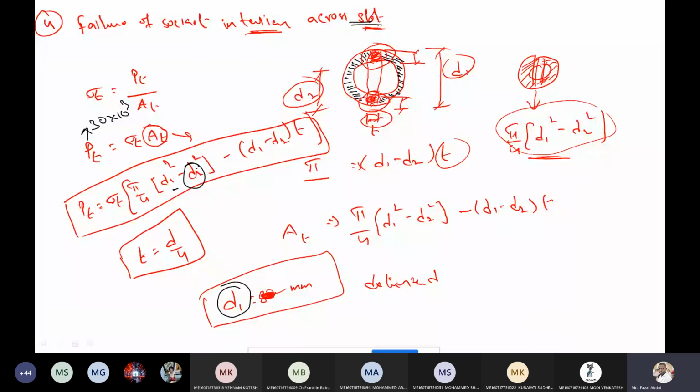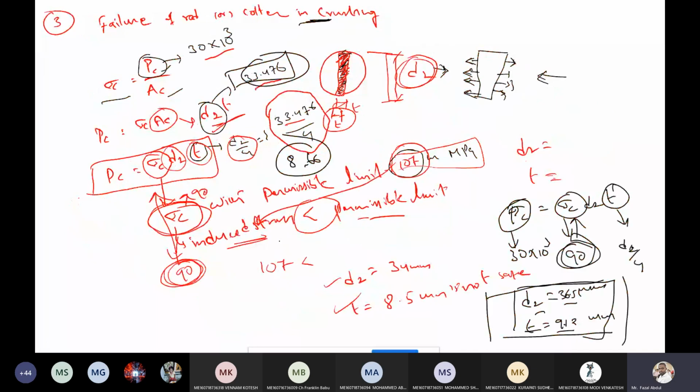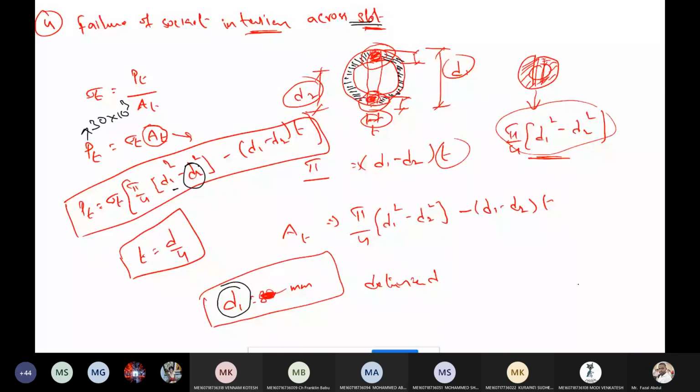D2 as this 36.5. 36.5 we have to take. And T value 9.12. Substitute all the values here and get the D value in terms of mm.